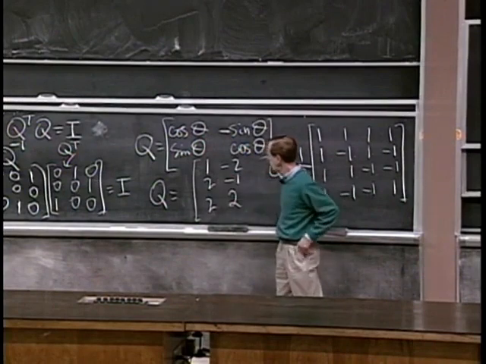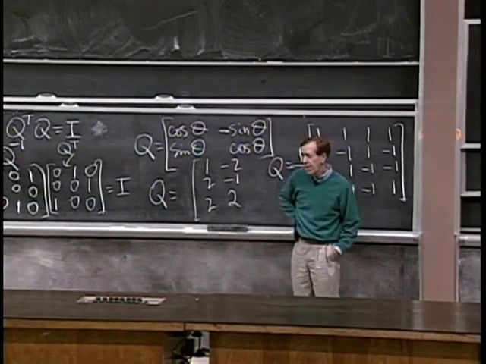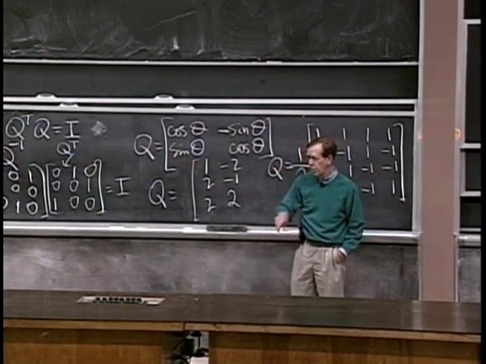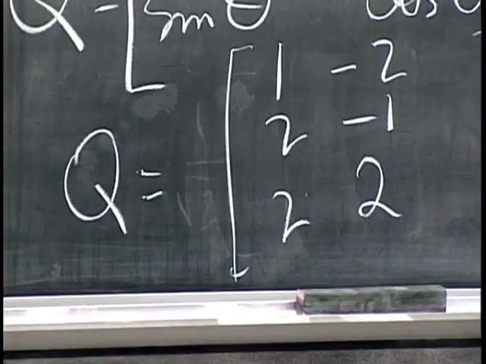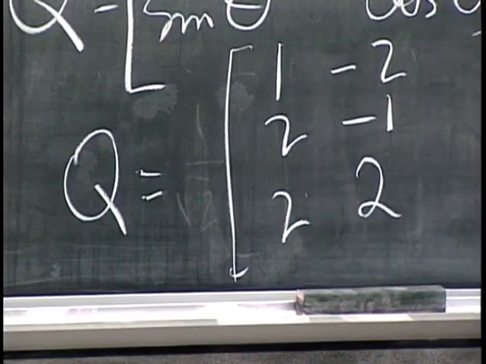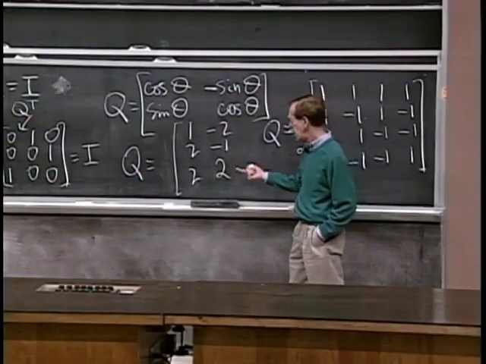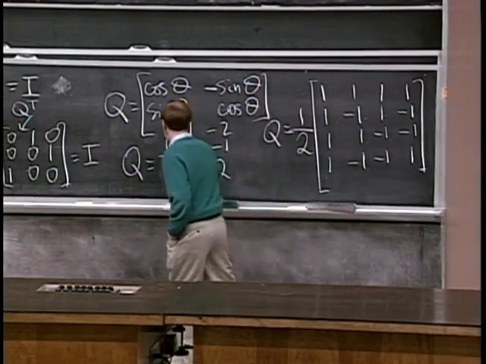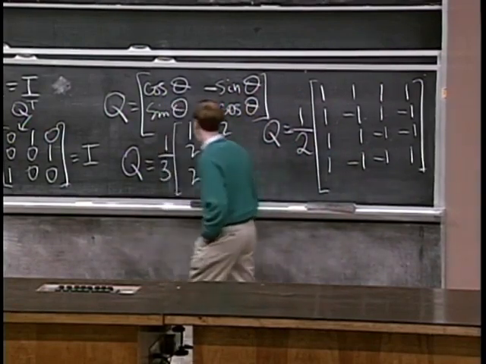What's the length of those columns? So if I wanted them to be length 1, I should divide by their length, which is, so I look at 1 squared plus 2 squared plus 2 squared, that's 1 and 4 is 9. So I take the square root and I need to divide by 3.